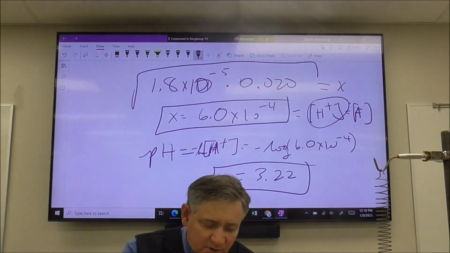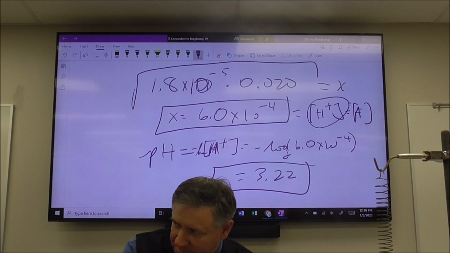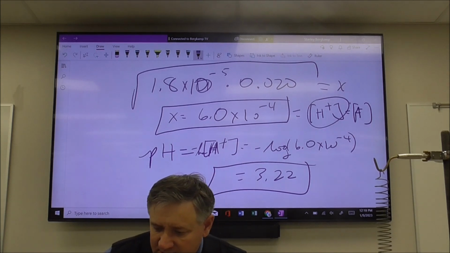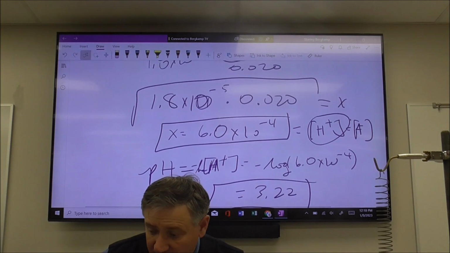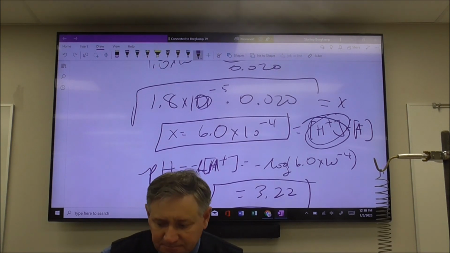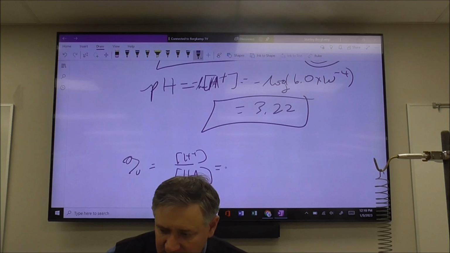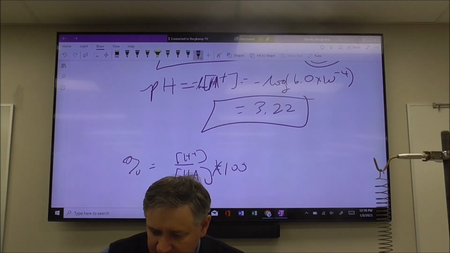If you want to find that last step, the percent of ionization, here's what you're going to do. To get your percentage of ionization, you take your hydronium ion concentration divided by the initial concentration of the acid times 100.